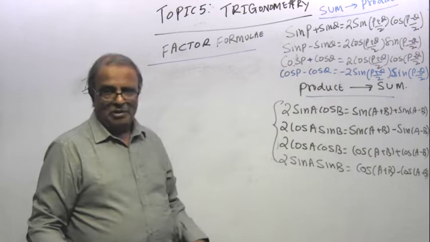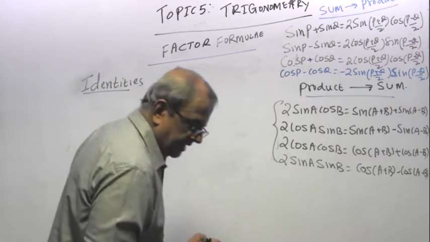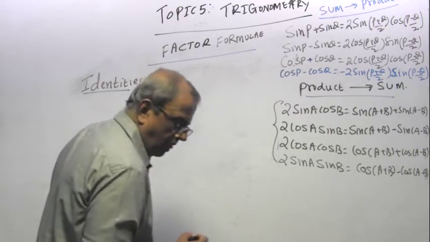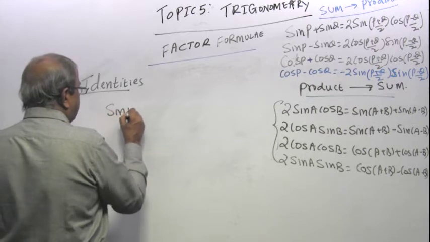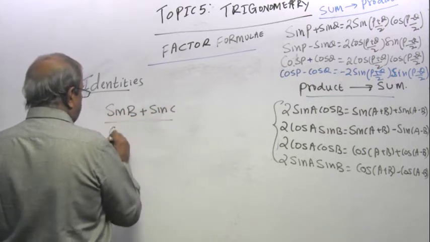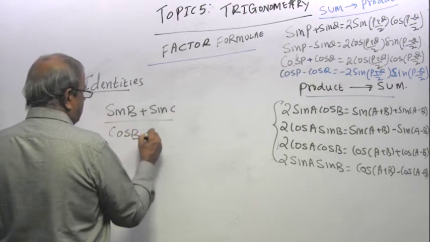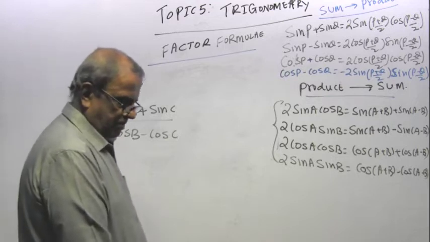I will refer to the formula in the card. Let's look at the identities. What is (sine B plus sine C) over (cos B minus cos C)? What would that be?